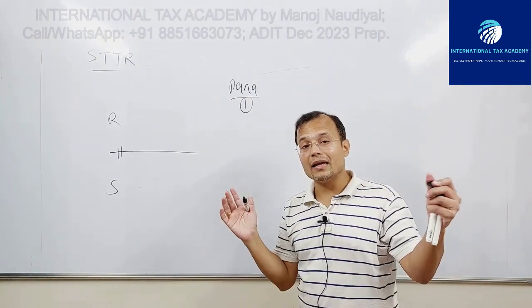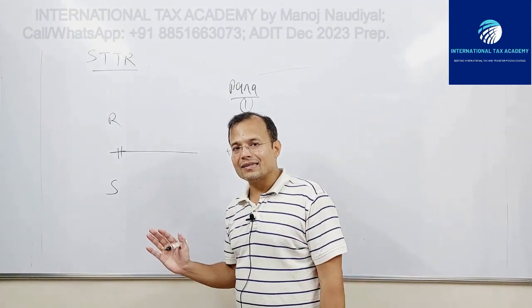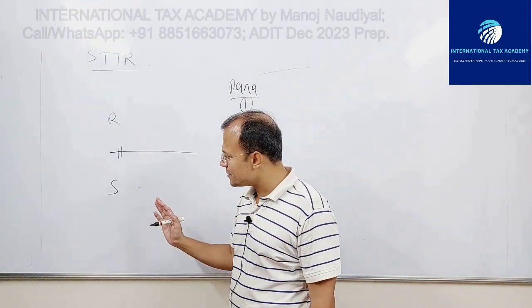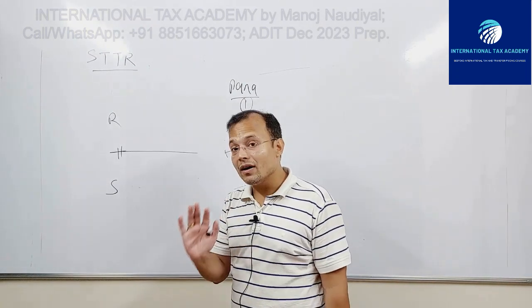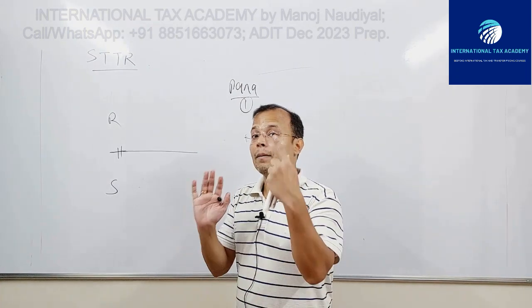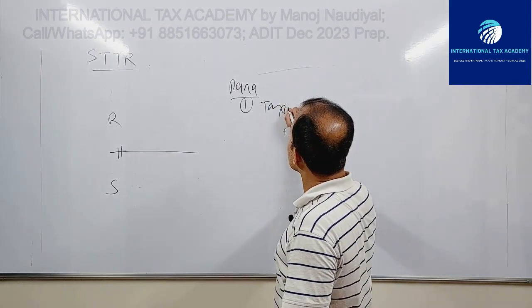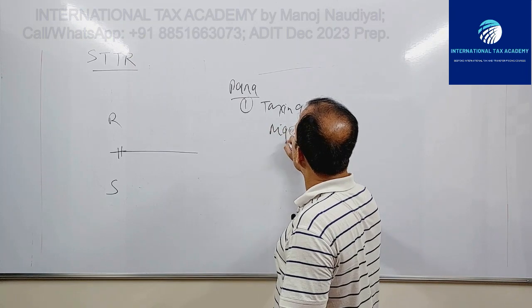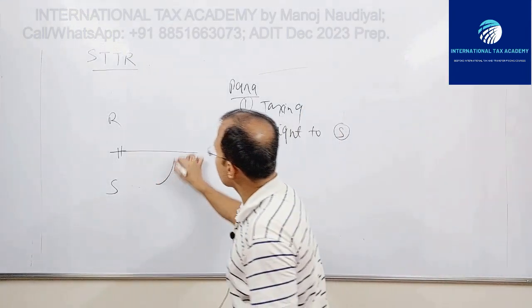Paragraph 1, the heading is taxing rights given to S state where the covered income is taxed below the minimum rate.